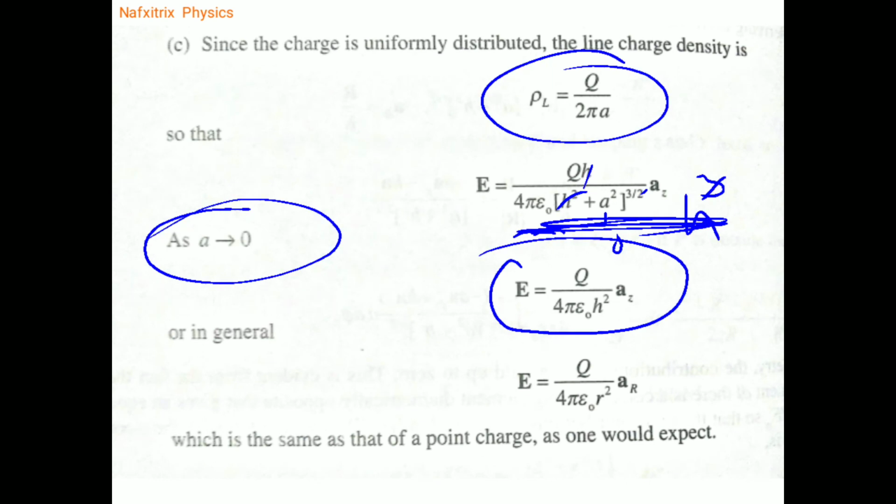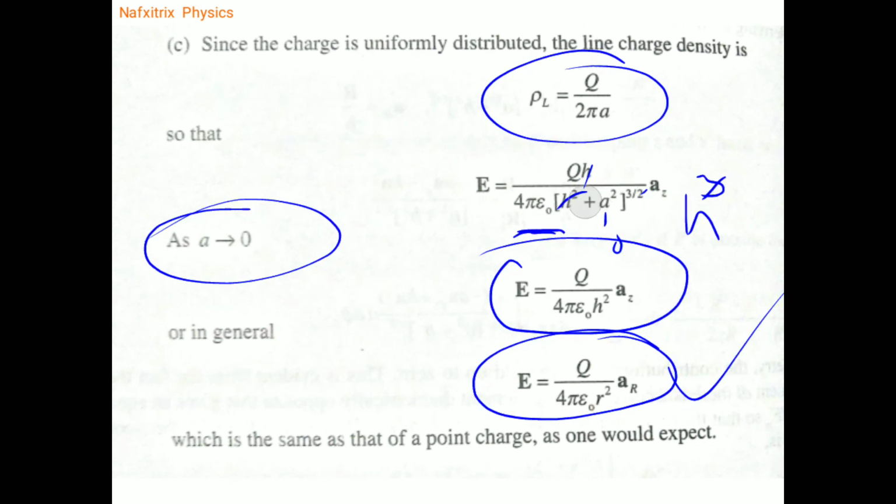So in general, in the place of h we could replace it with r, so Q by 4 pi epsilon naught r square a r. So this is the same as that of the point charge, as one would expect. For the point charge, 1 by 4 pi epsilon naught Q by r square is the value of the electric field. So the same value we have got.